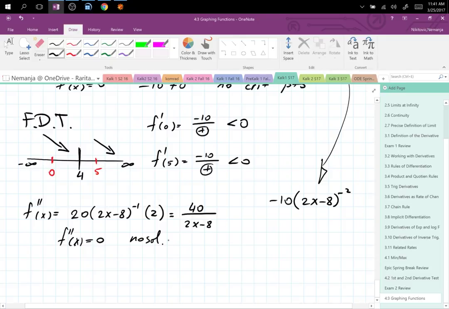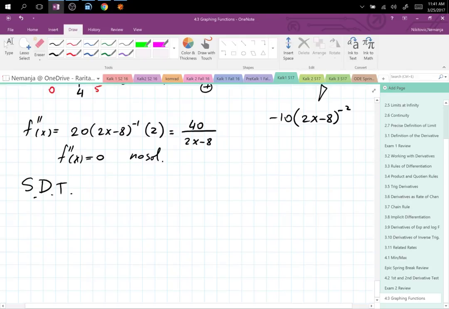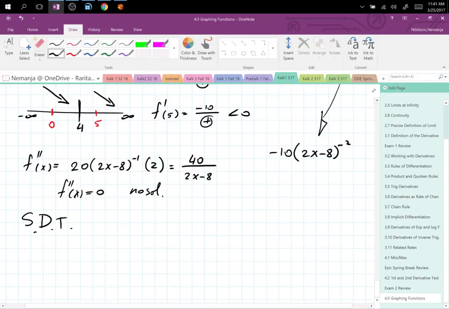But you still have to partition over the vertical asymptote, because as you can see, vertical asymptote x equals 4 is preserved. Remember that derivatives preserve vertical asymptotes, whatever they happen. So our second derivative test has the same partitioning as the first. We go from negative infinity, make a stop at 4, go to positive infinity, and we pick the same values, 0 and 5, whatever.